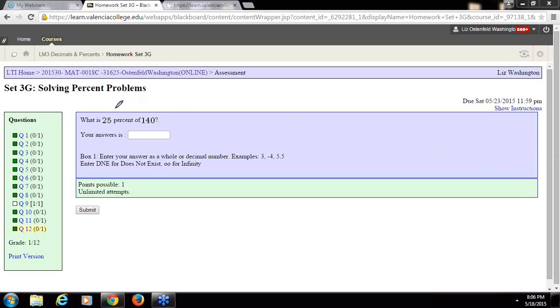We have what is, so basically what number is 25%, right, of 140. But basically what that means is what number is 25 or 0.25 of 140.